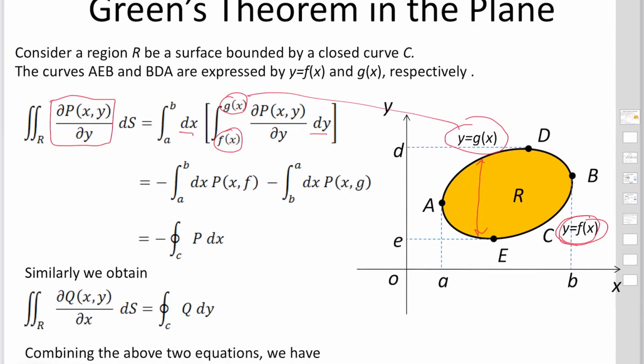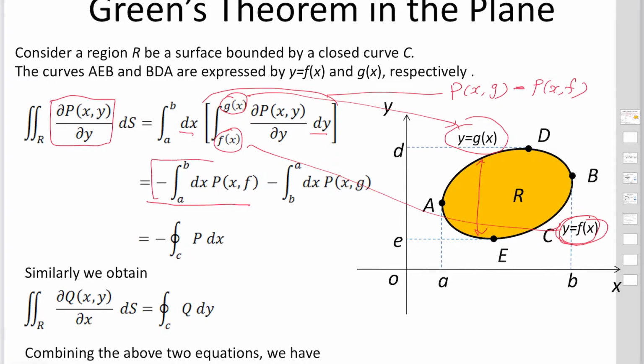If you integrate this part, it becomes P(x, g) minus P(x, f). So this negative sign is the second term here, and this first term, P(x, g), is positive.